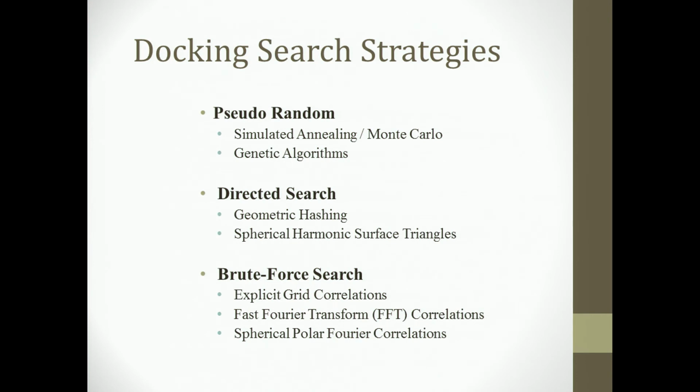So you may lose some true positive case or solution during these two steps. However, the advantage of these two kinds of searching techniques is that they are very fast compared to the brute force one, because the number of decoys they generate is less.